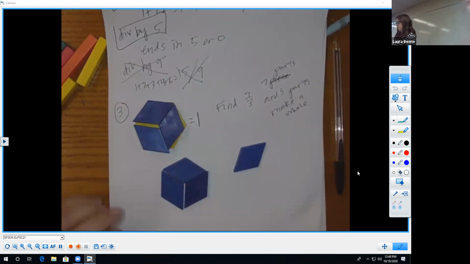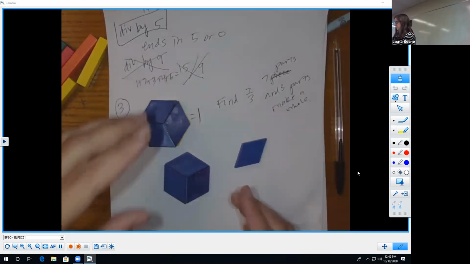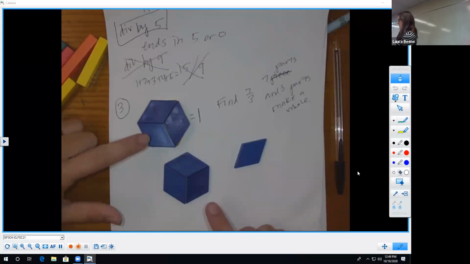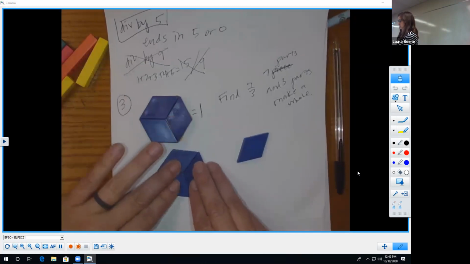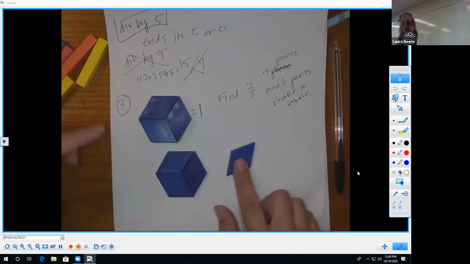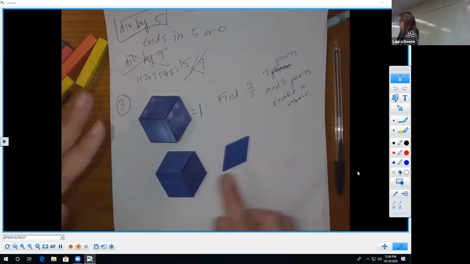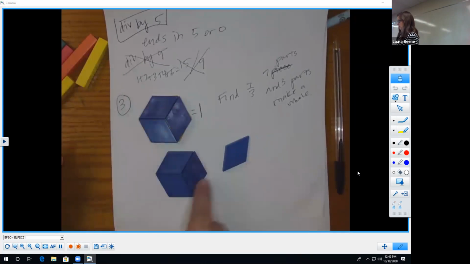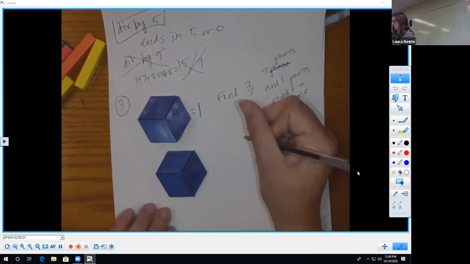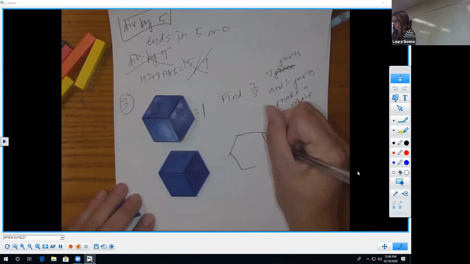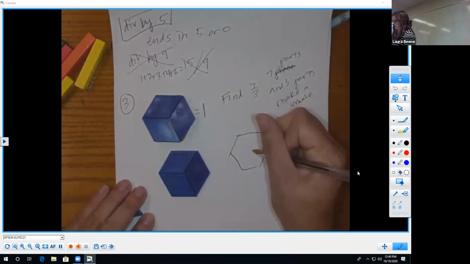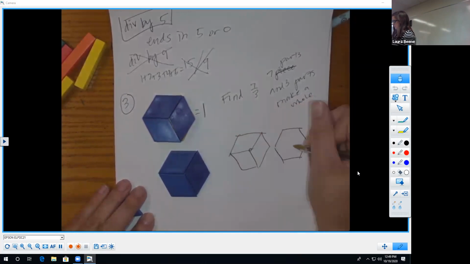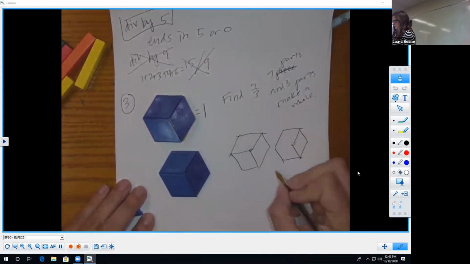So you draw that on your paper. You could literally say 7 blue parallelograms. You could also say 2 yellow hexagons and 1 blue rhombus. That's an acceptable answer also. If I was going to draw my answer, I would draw 3 of them, and I would show them broken up into the 3 parts.